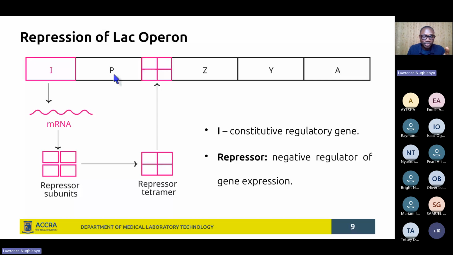Because the promoter region we've seen is where the RNA polymerase comes to bind for the transcription of the gene.